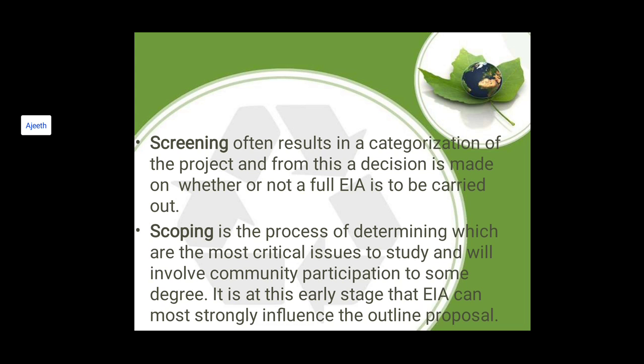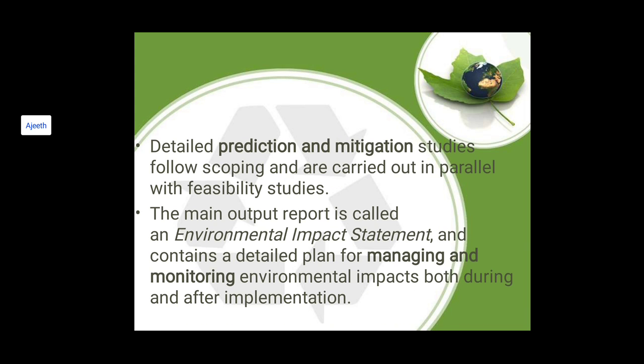After screening, we need to see the critical issues, the main things that will affect the environment. This is an early stage at which EIA can most strongly influence the outline proposal. So with scoping itself, we can predict what impacts could be caused by the project.